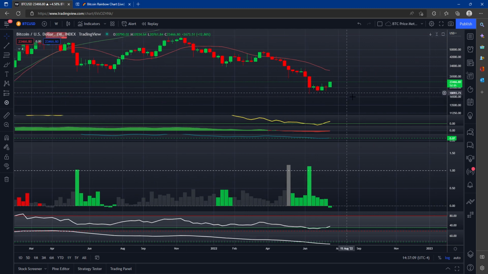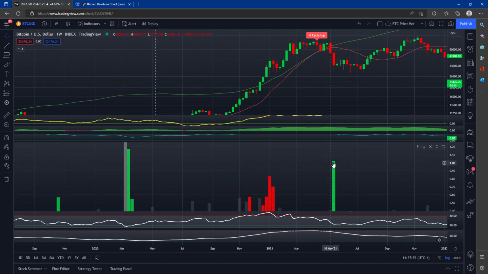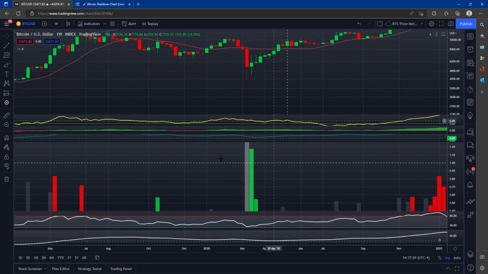So here, capitulation. What you're looking for is a green bar with a value above 1. Here we have a green bar with a value above 1. So far, a local bottom. Green bar, a value above 1. This was actually the summer accumulation period. Green bar with a value above 1, right after COVID.